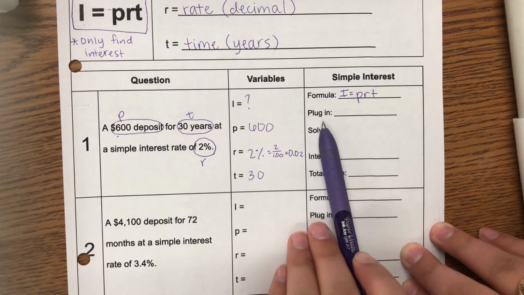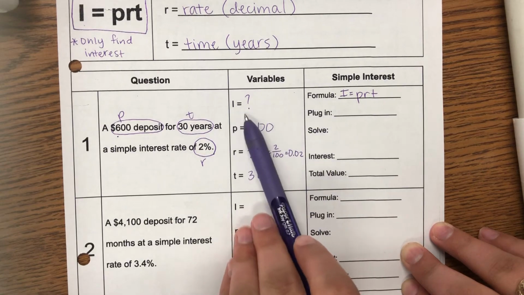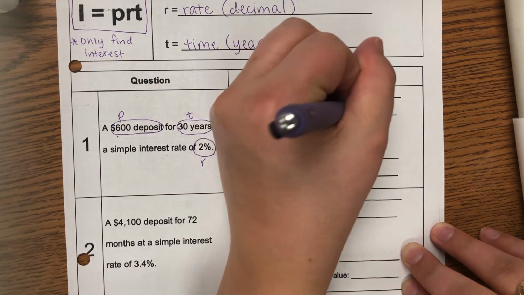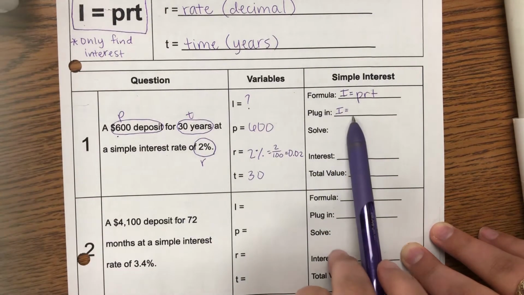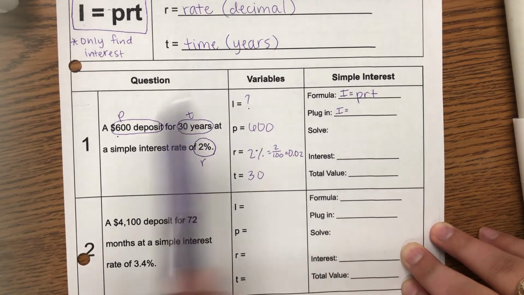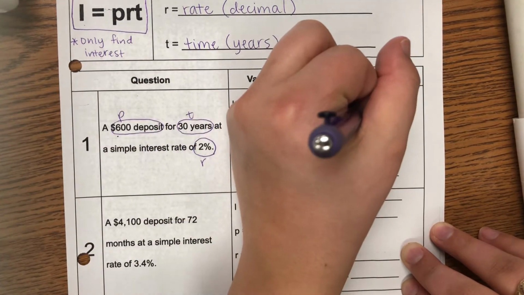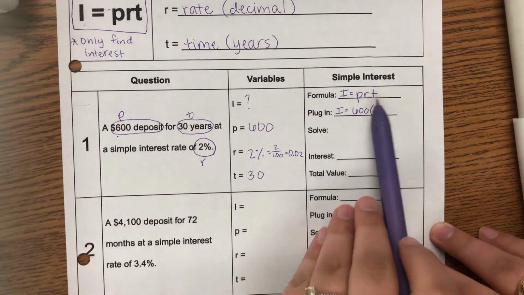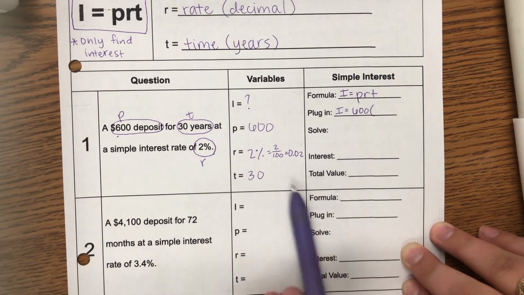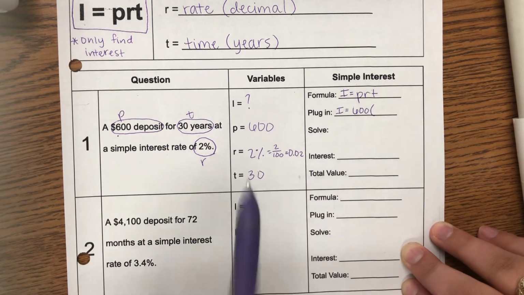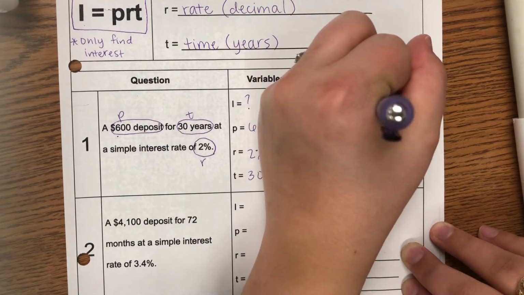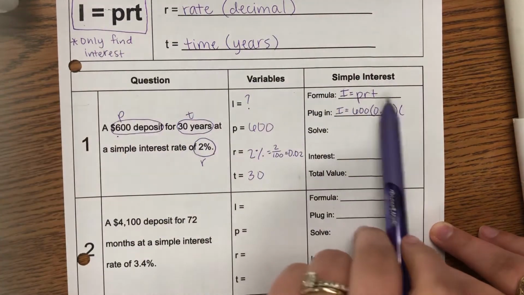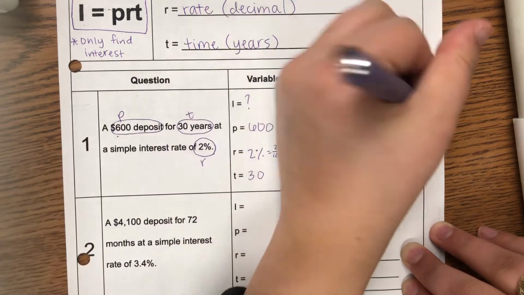And now I plug in my values. So I don't know what my I is, so I put I equals. Instead of P, I'm going to put my P value. My P value is 600. And I need to multiply that by my rate. Now remember, rate, we have to use the decimal. So it's 0.02. And multiply that by my time, which is 30.